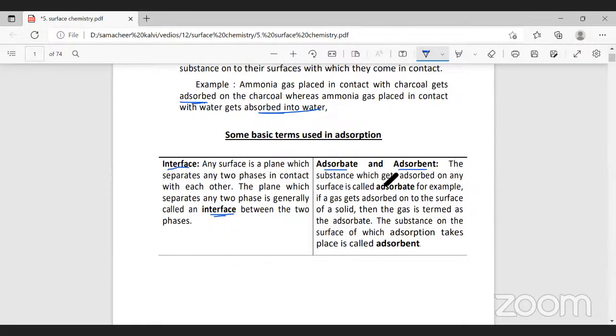The substance which gets adsorbed on any surface is called adsorbate. For example, if a gas gets adsorbed on the surface of a solid, then the gas is termed the adsorbate. The substance on whose surface adsorption takes place is called the adsorbent.